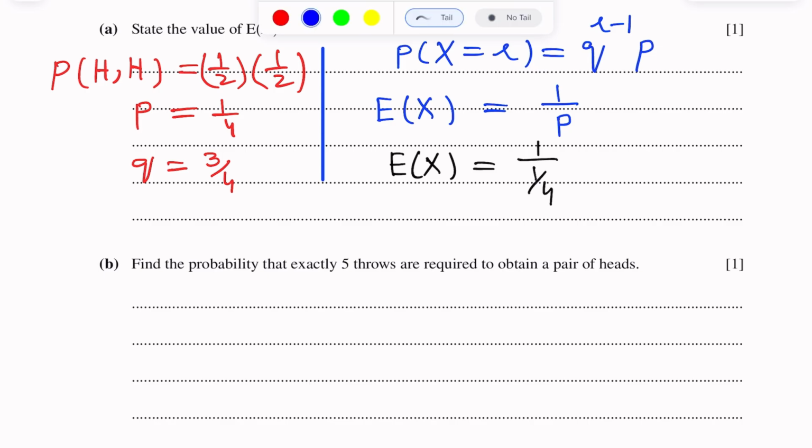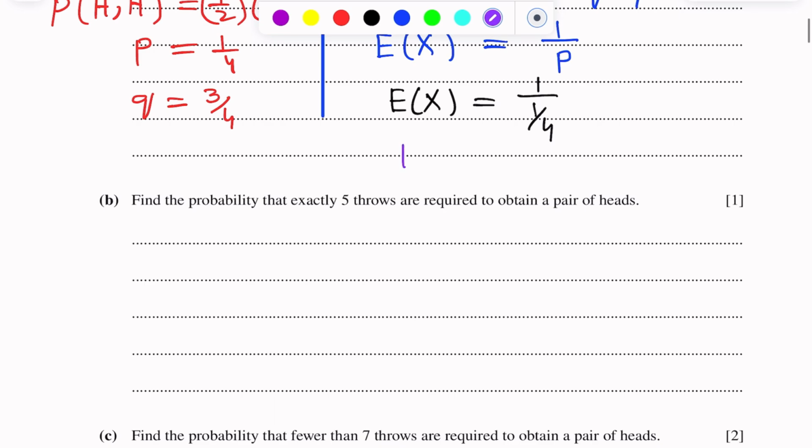This shows that p will move to the numerator, so E(x) will be 4. This is the answer. This is the mean value of x.